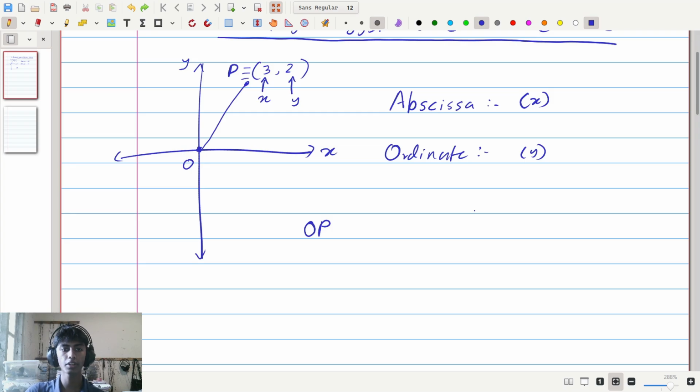If I have another point Q, like here, Q I'll say is 5, 1, then what I mean by QP is the length from here to here, and what I mean by OQ is the length from here to here. So this is just the standard notation.